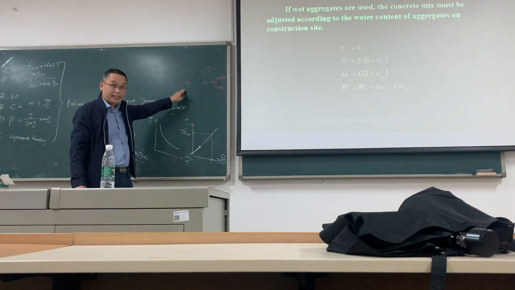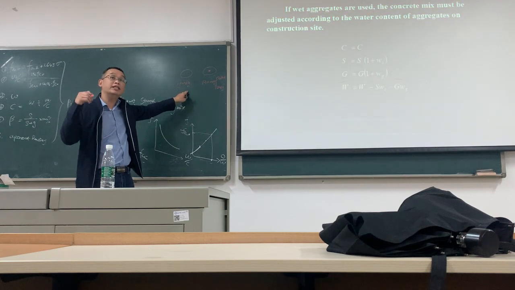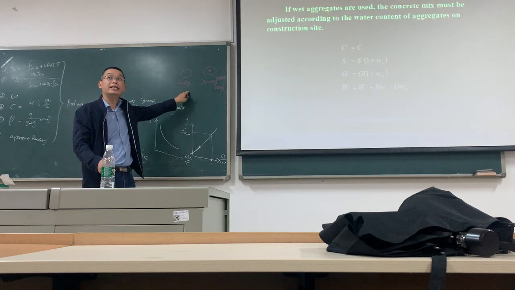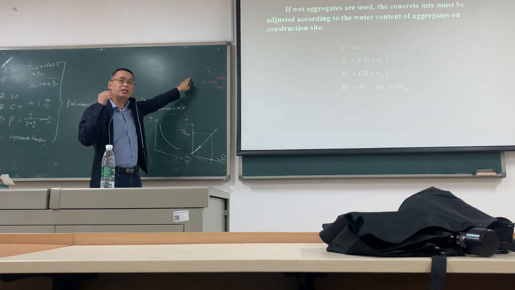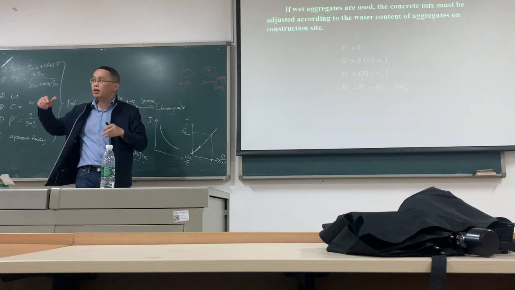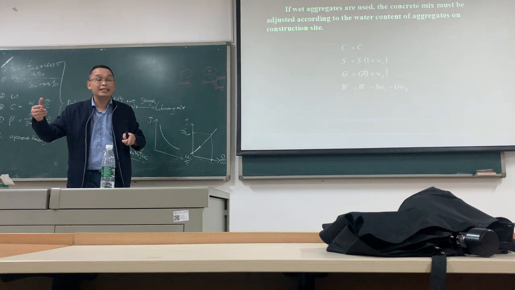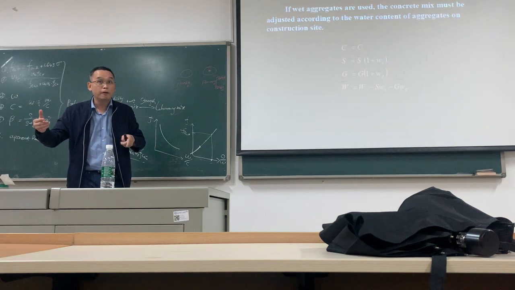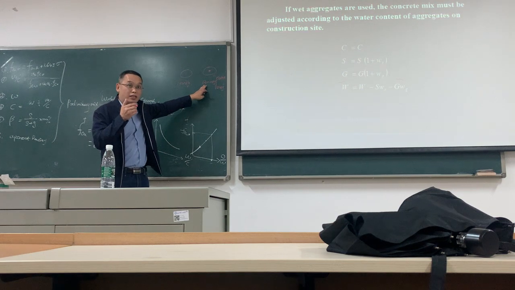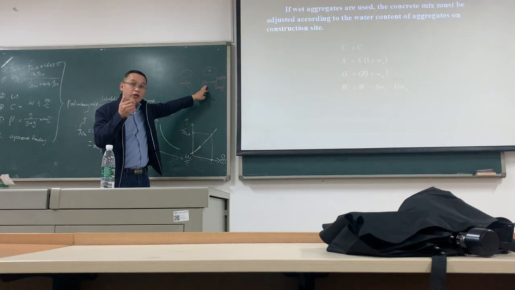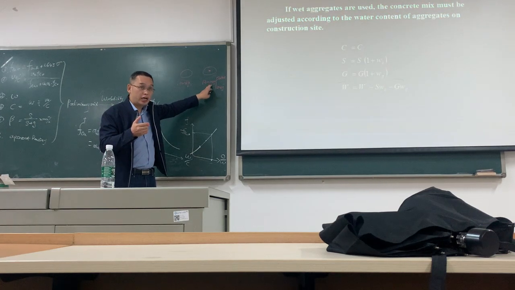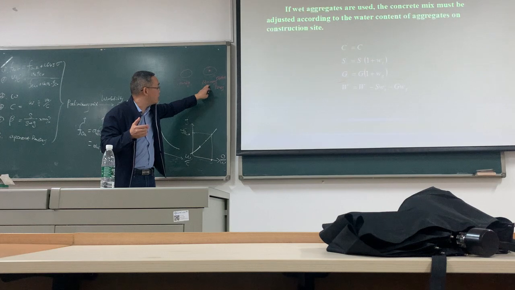So this amount we get from the laboratory. This is the amount for coarse aggregate, but the coarse aggregate must be oven dry. But actually, the aggregate outside is not oven dry. It consists of moisture. So if we just add 1,300 kilograms of aggregate, actually the amount of the aggregate is not 1,300.